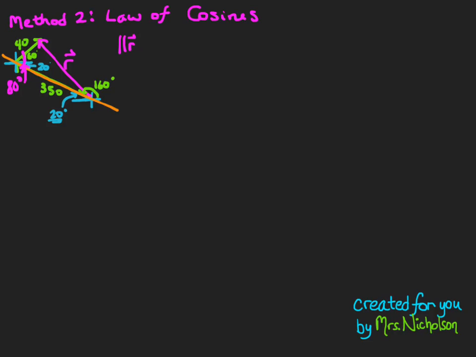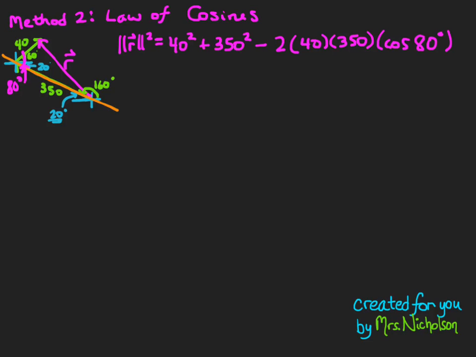My resultant vector squared is going to be equal to 40 squared plus 350 squared minus 2 times 40 times 350 times cosine of 80 degrees, that angle that we just figured out.